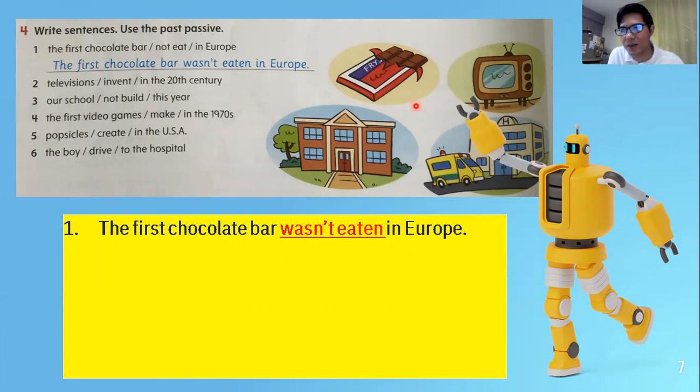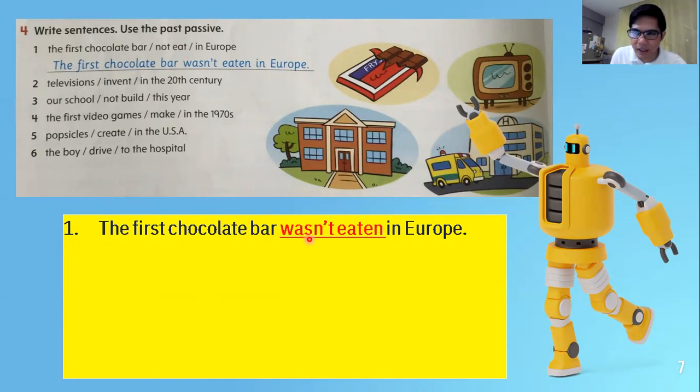Don't forget our rules for past passive: was, wasn't, were, weren't, plus the verb 3 or the past participle form of the verb. Number 1, I will read for you. The first chocolate bar, and then the verb not eat, so it's in negative, and in Europe. That's the object. So the answer must be: the first chocolate bar wasn't eaten.